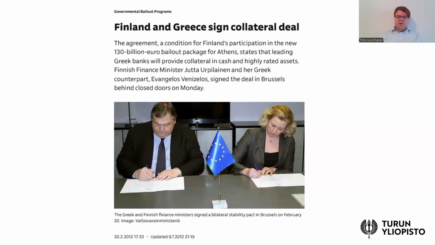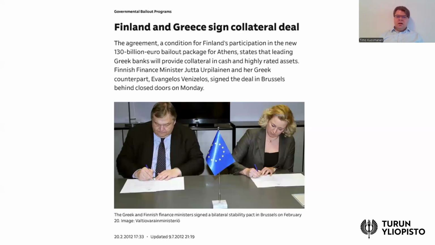So this was a step that would calm down the public in Finland to then allow the Finnish government to participate in the bailout together with other Eurozone member states. And how was this collateral done in practice?